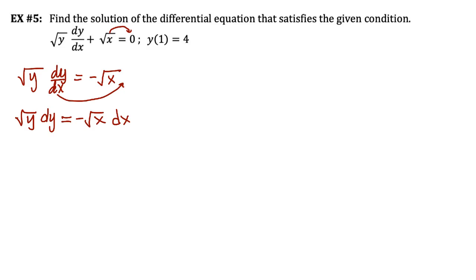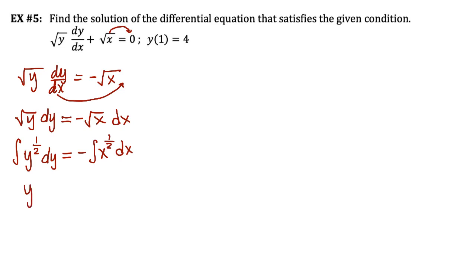Now we're going to integrate, and we're going to change that y to be y to the 1/2 dy equals negative. I'm going to move that to the outside, the integral of x to the 1/2 dx. And now we're going to integrate. So if we integrate this, we're going to add 1 to the exponent.